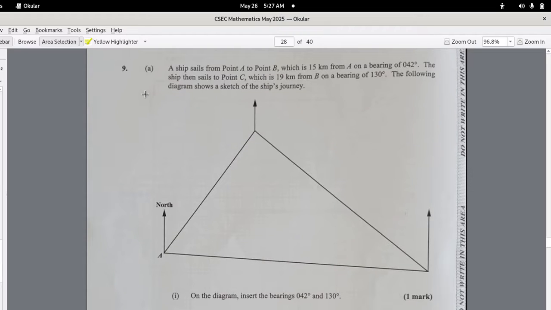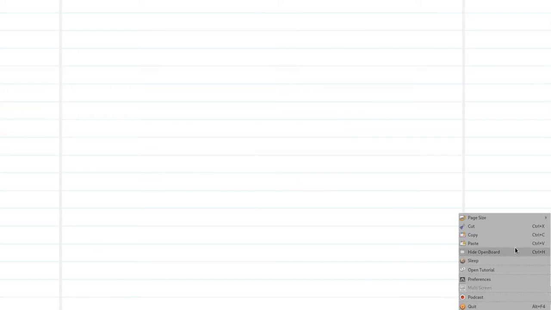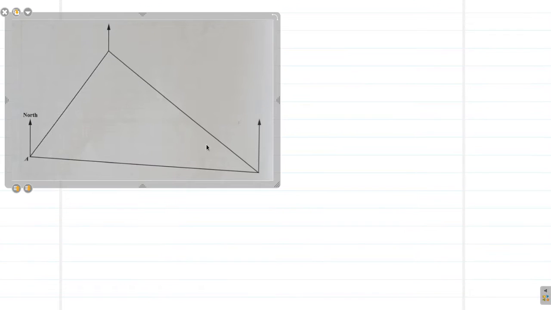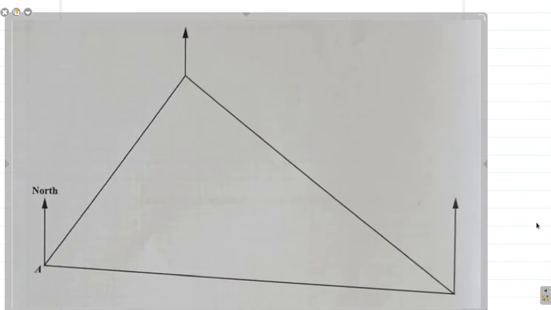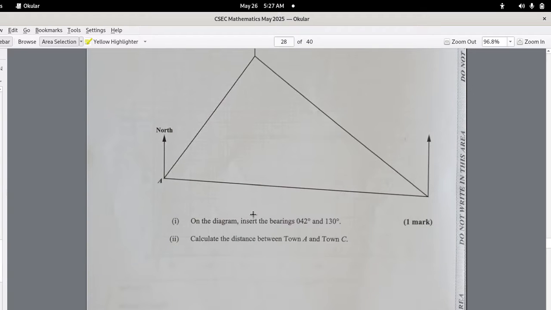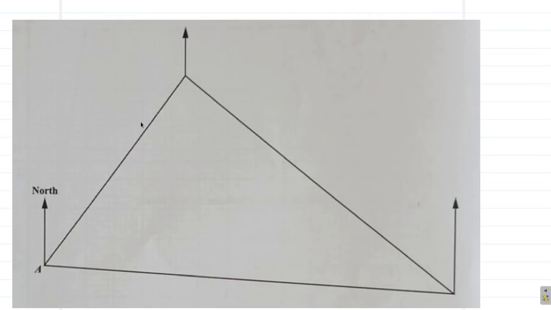Alright, so let's copy this diagram and paste it over here. Now, 42 and 130. Well, the 042 would be here.